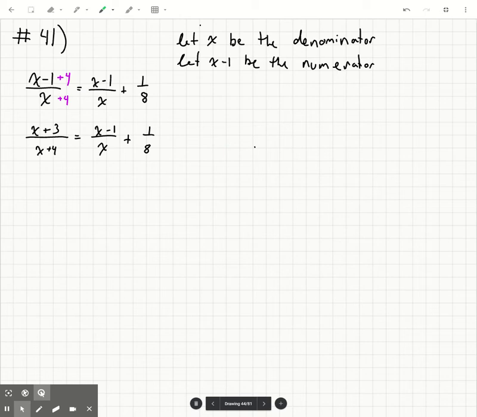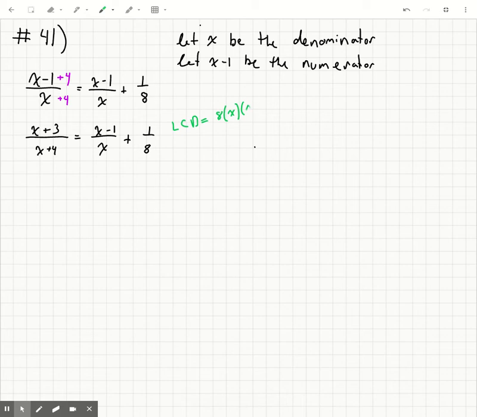All right, so now we've got our equation set up here. We need to find the lowest common multiple, or lowest common denominator, so that we can clear out these fractions. So we've got x and x plus 4, there's nothing common there. So it's going to be 8 times x times x plus 4. I'll just call that 8x times x plus 4.